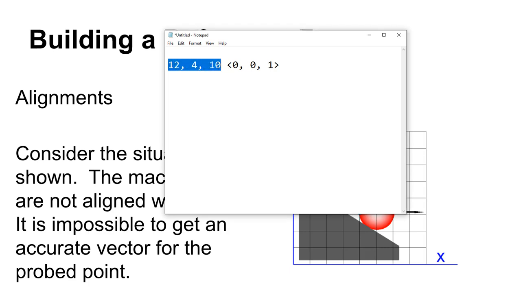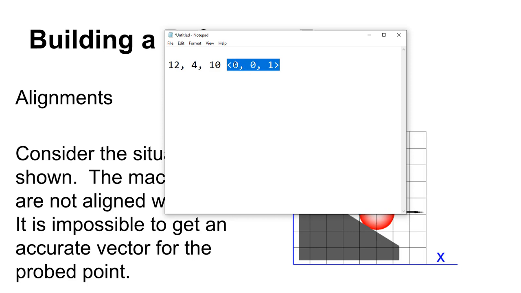This is the location of that point, and this tells us something about how the CMM was traveling when it touched that point. All right, do you know whether this point would be on the front side, the left side, the top, or the bottom of the object? All right, and what this tells us is that the point, this 12, 4, 10 point, is located on the top of the part. All right, how do you know that?